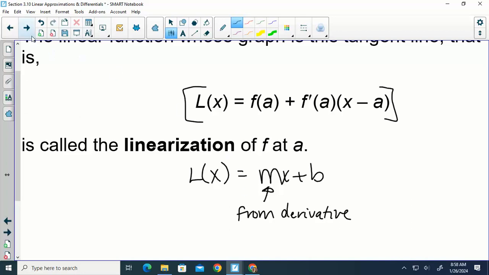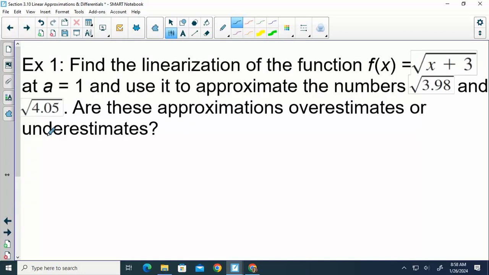Let's look at one. So if I wanted to find the linearization of f of x equals the square root of x plus 3 at a equals 1 and use it to approximate a couple of square roots. Your book usually calls it an a, it's an x value.